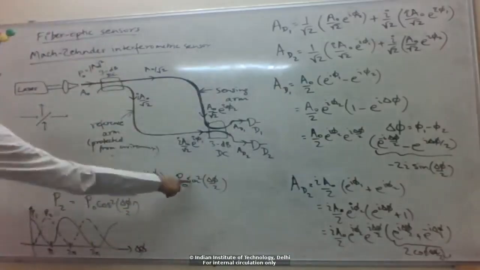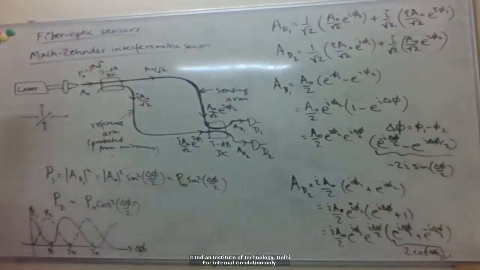But this is a non-linear response, you can see. But if we operate at this point here, pi by 2, here basically the response is sort of linear. So the change in the powers in the detectors with small changes in phase looks roughly linear. Okay.